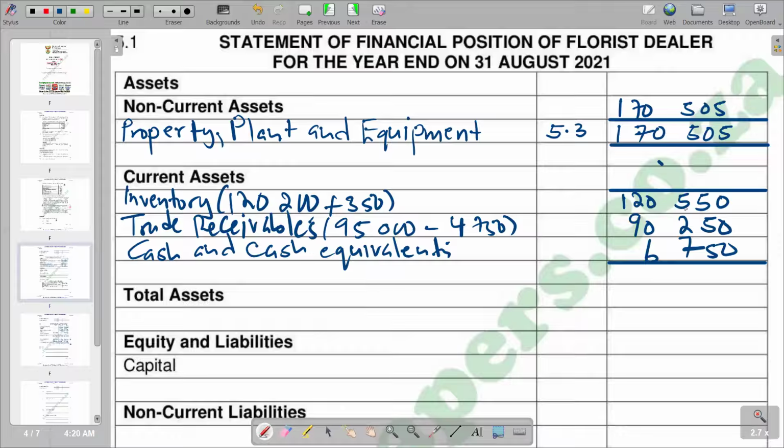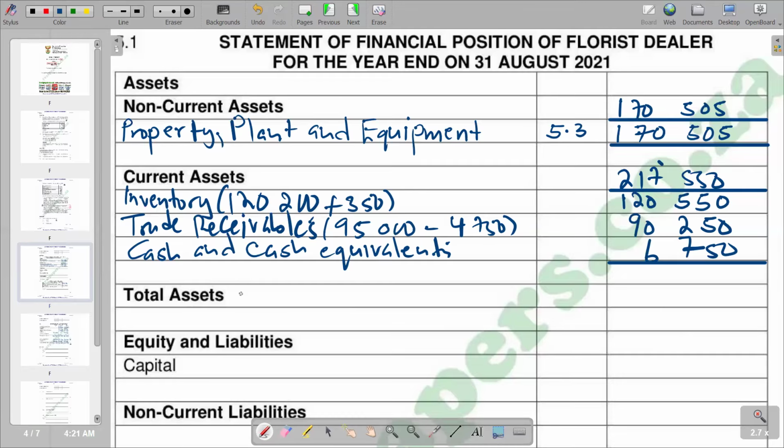So we add 120,550 plus 90,250 plus 6,750, and the total for current assets that you are supposed to get is 217,550. So this is what we have on current assets.